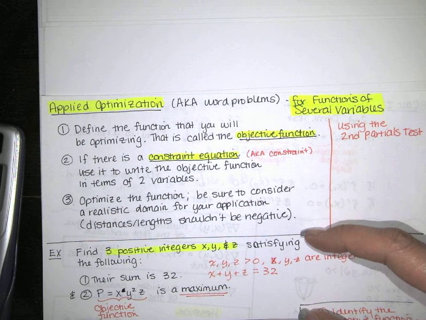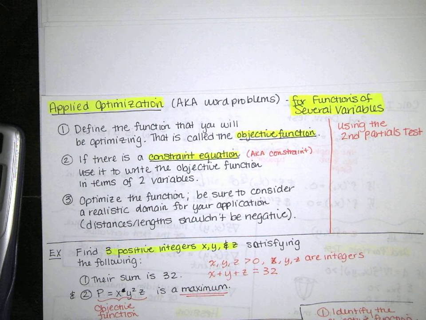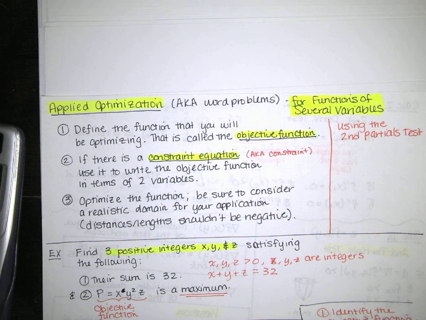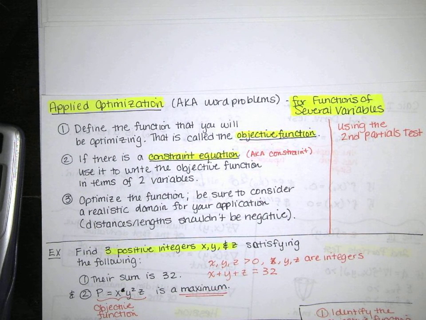I always go back and reread the problem statement and make sure I've answered the question being asked, so that if somebody asks me for a maximum height, I'm not giving them the time when we're at a maximum height. I'm not giving them an ordered pair when they're asking for something very specific. So we always go back and find out what they were asking and then make sure we answer that question. So we'll do another example in the next video.